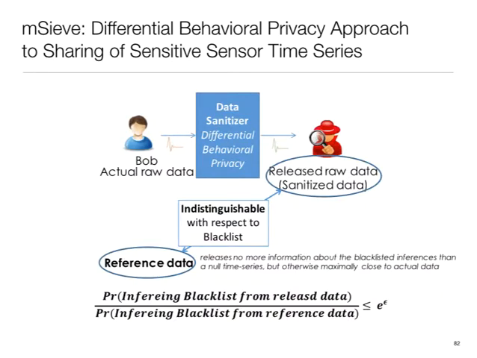So this system called MSIEV, what it does is it seeks to make a promise that the data that you will release after sanitization or obfuscation will be such that the probability with which you can infer the blacklisted inference from it, and the probability with which you can infer it from the original data, are indistinguishable.